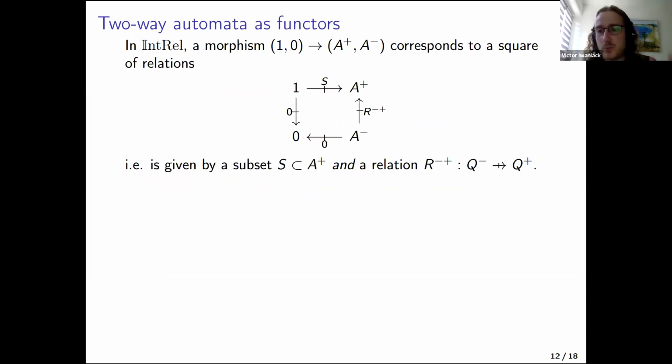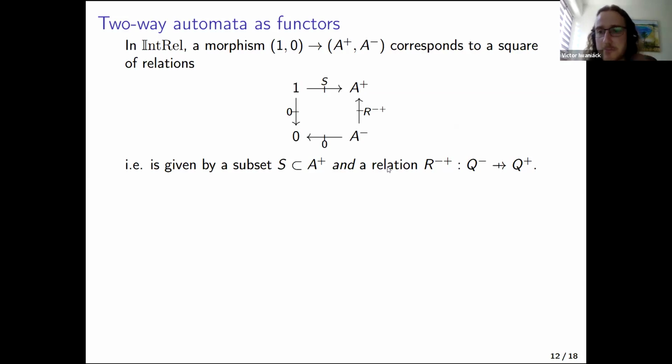Okay, so now we almost have enough to do the functorial representation, but we have to, as always, add the initial and accepting states. How do we do that? Well, we observe that if we probe with the object 1, 0, which is a singleton and an empty set, an object A plus A minus of Intrel, then what we get is a subset of A plus and what I will call a guardrail, un garde-fou, from A minus to A plus.